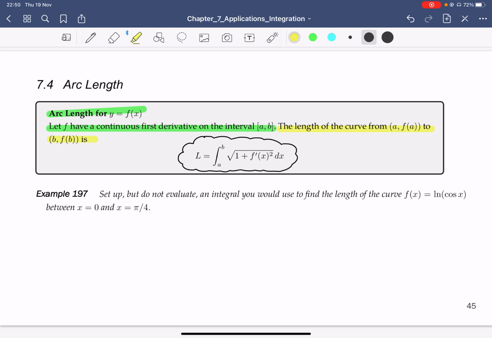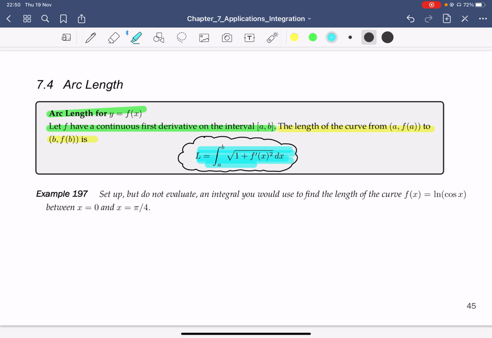This is what you have to memorize and just use on the exam. The length of a curve is going to be an easy question in the homework and also in the exam. There's going to be one question about arc length, so just memorize the formula and plug in.